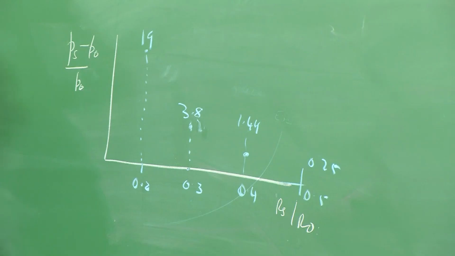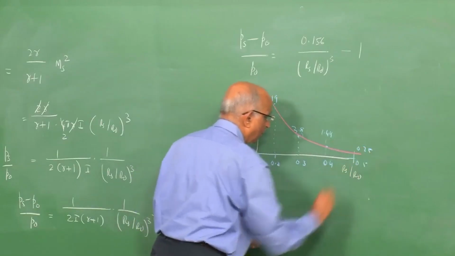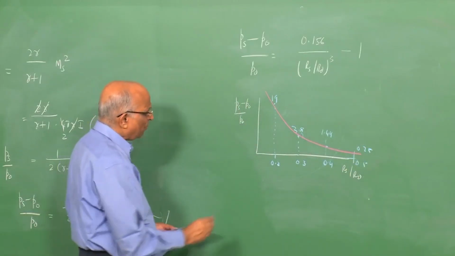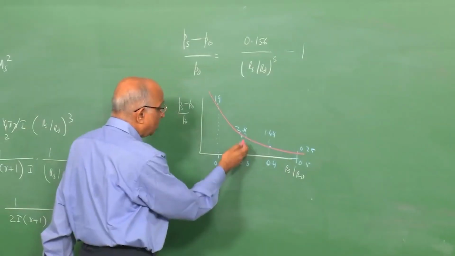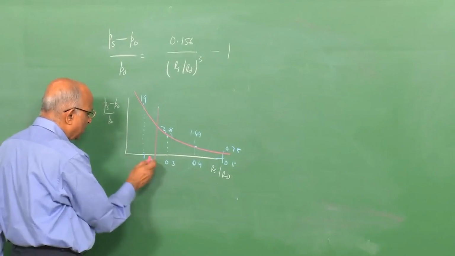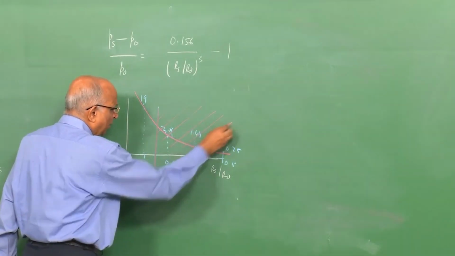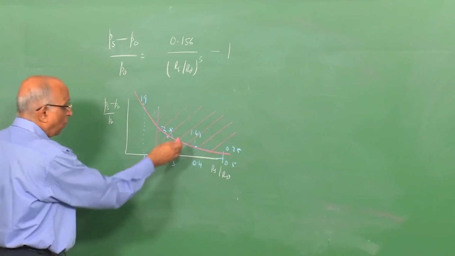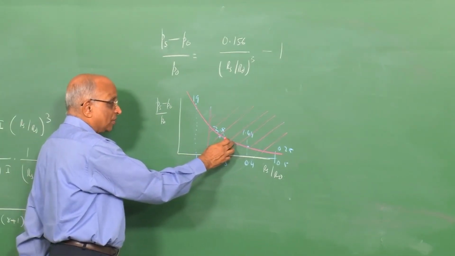In other words, if I join the values, the curve looks something like this. And what is it we find? At 0.2, we found that the Mach number was 4.1, so the strong blast assumption is valid. At 0.3, the Mach number was 2.2. When the Mach number has decayed to these type of values, I cannot really expect the overpressures to be correctly predicted, because the strong shock wave assumption is not valid.